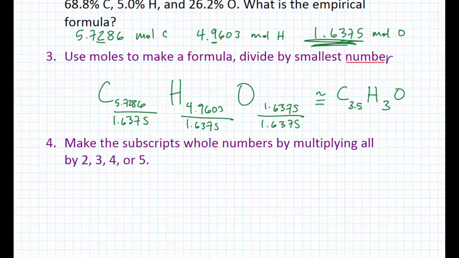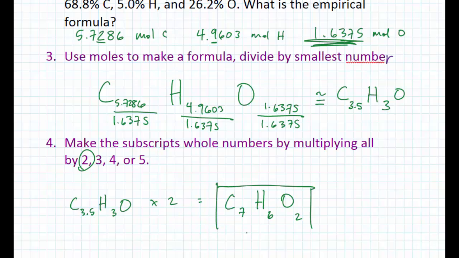Yeah, if you got a 0.5, you double everything. So if we're multiplying by 2, C 3.5, H 3, O 1, times 2 for all those, that becomes C7H6O2. That is our empirical formula.